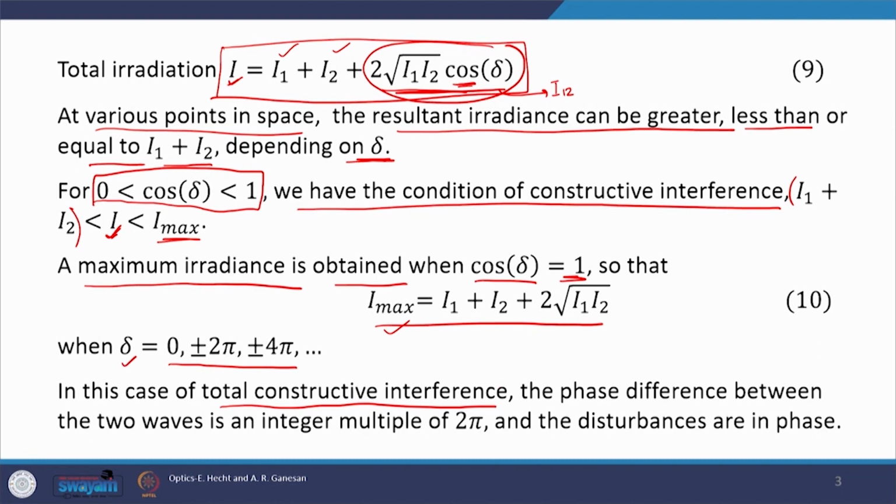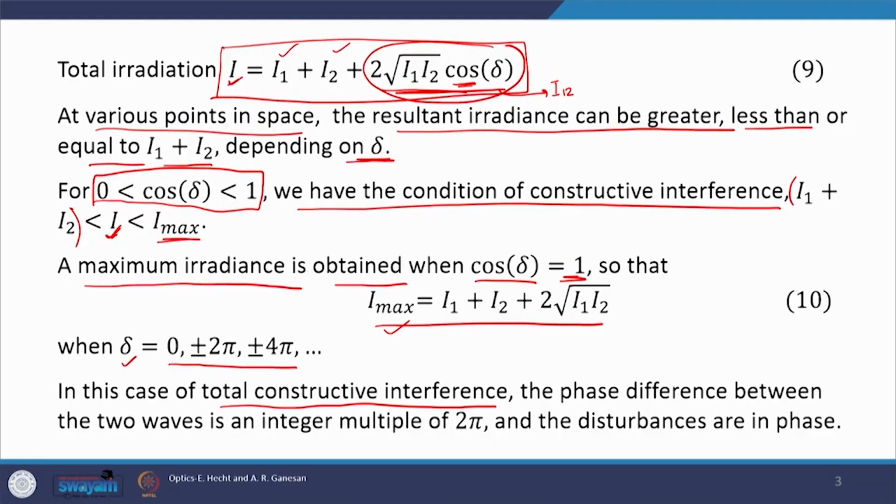When the interference is constructive but not totally constructive, the value of irradiance varies between I1 plus I2 and I max.